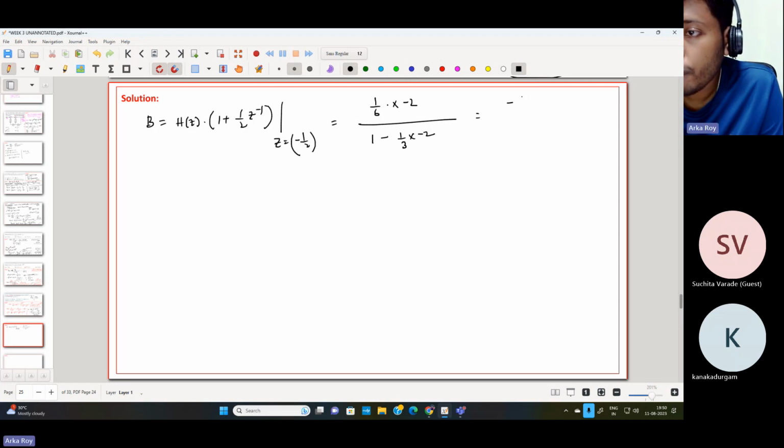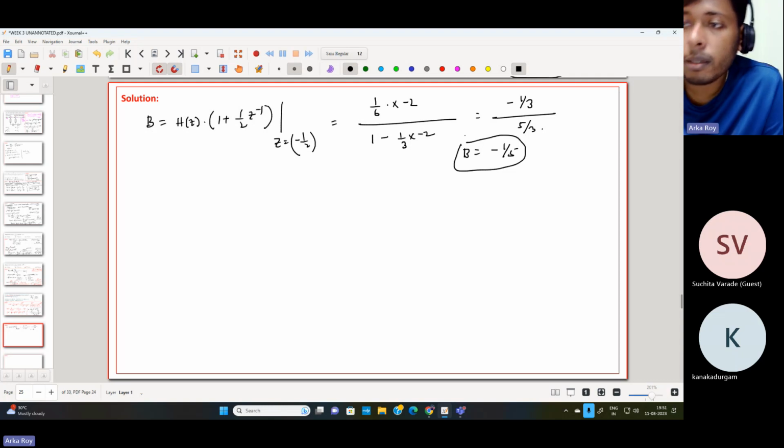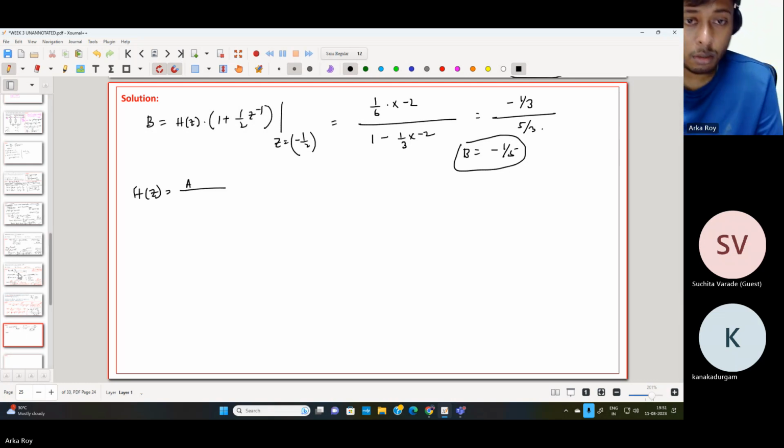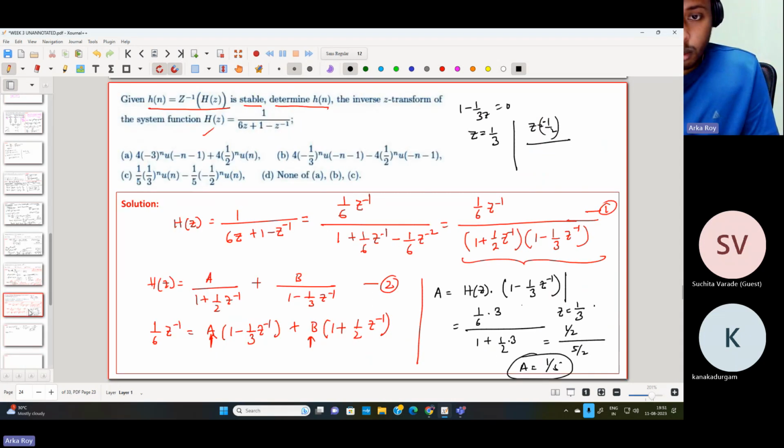So it will be minus 1 upon 3 divided by minus, minus and minus give plus, so 3 plus 2, 5 by 3. So it will be minus 1 by 5. So B is minus 1 by 5. So I can write H(z) as A divided by... let me just copy this part.